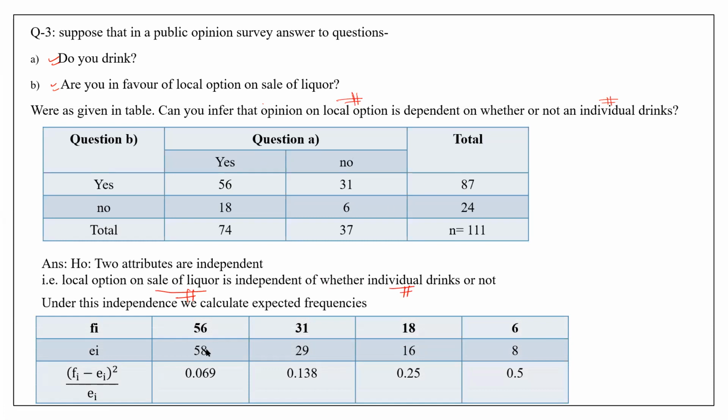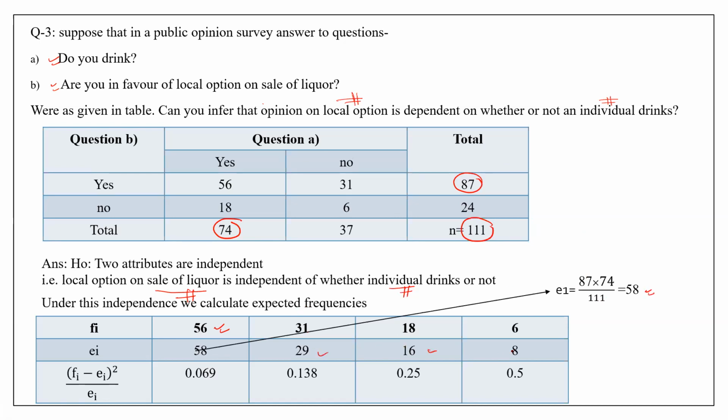If you want to calculate the expected frequency for 56, then it is the row total times the column total divided by the total number of samples. So this will be 87 into 74 by 111, you will get exactly 58.